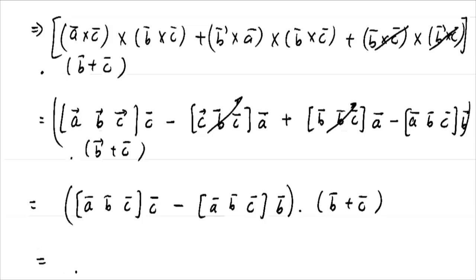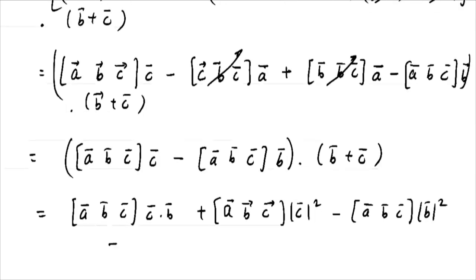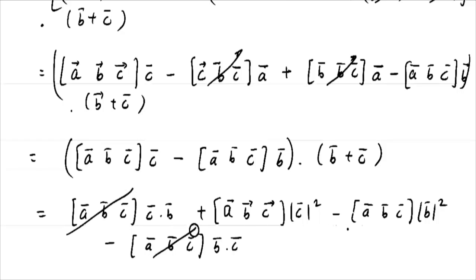Now if you dot this, you will get box of ABC as it is and C dot B, plus box of ABC as it is and C dot C, which is magnitude of C square, minus box of ABC, B dot B, magnitude of B square, and minus box of ABC multiplied with B dot C. Now this value is in plus and this value is in minus, so this will get cancelled out, right?